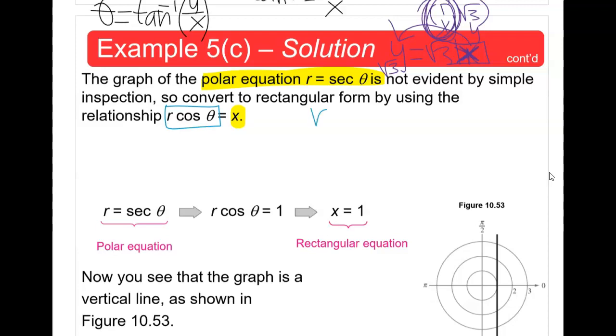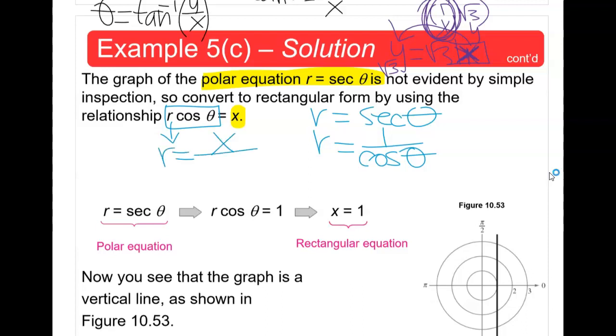So if we have r is equal to secant theta, then we're saying that r is equal to 1 over cosine theta. And if, for example, I want to solve for r here, that will be r is equal to x over cosine theta.